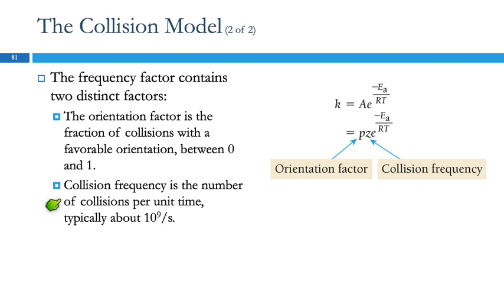And the collision frequency is the number of collisions per unit time, in the ballpark of 10 to the 9 per second. We're not going to do calculations using these equations, but we do need to understand how the orientation factor contributes to the rate constant.